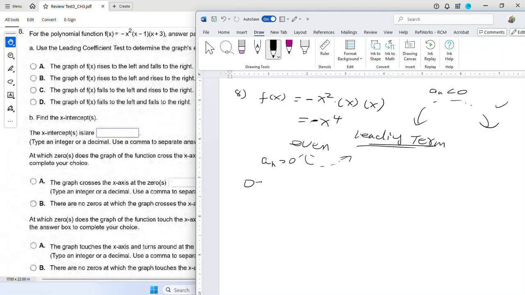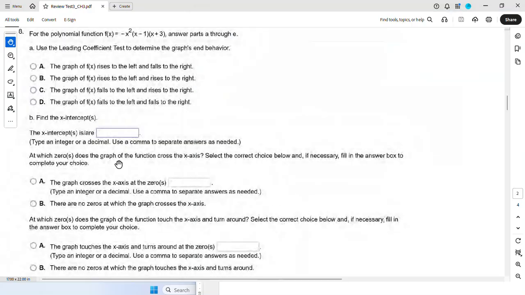So when this is 0, you're going to have x squared equal to 0, or x equal to 0, or x equal to 1, and then this one will be x equal to negative 3. So you're going to have 3 zeros here: negative 3, 0, and 1. That's the x-intercepts. And do we have a y-intercept in here?